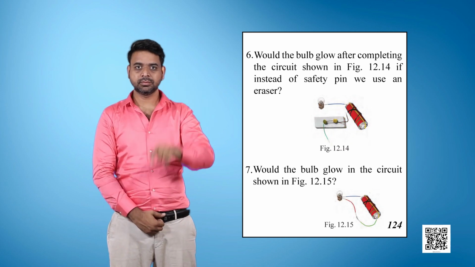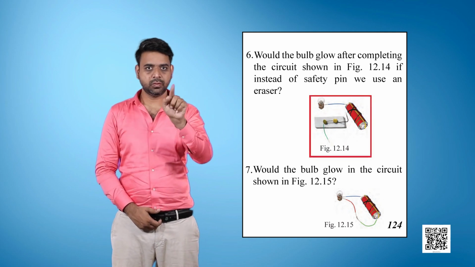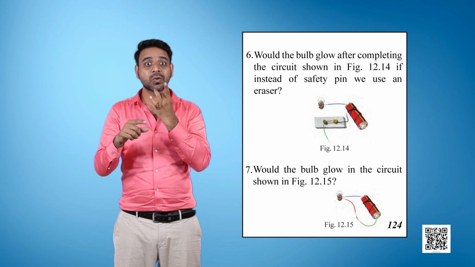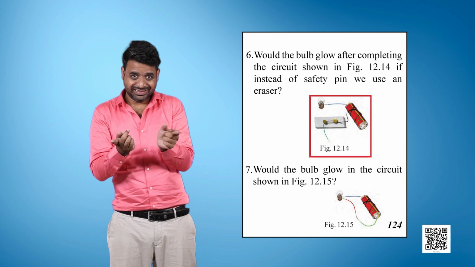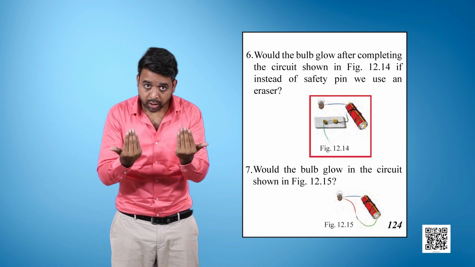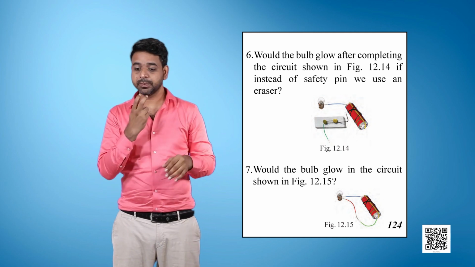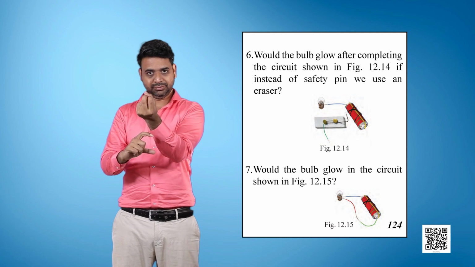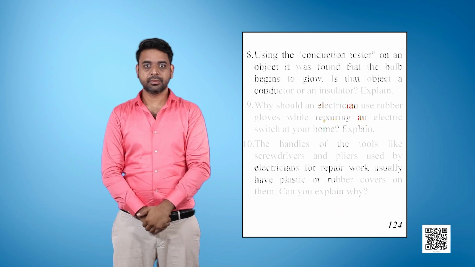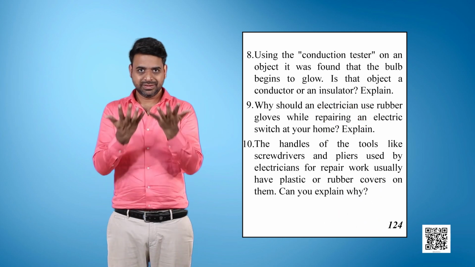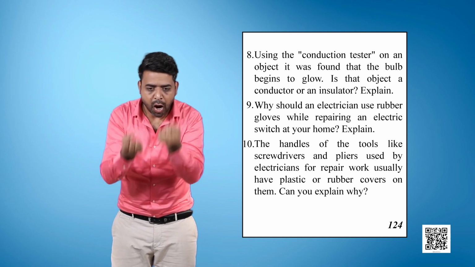6. Would the bulb glow after completing the circuit shown in figure 12.14, if instead of a safety pin we use an eraser? 7. Would the bulb glow in the circuit shown in figure 12.15? 8. Using the conduction tester on an object, it was found that the bulb begins to glow.